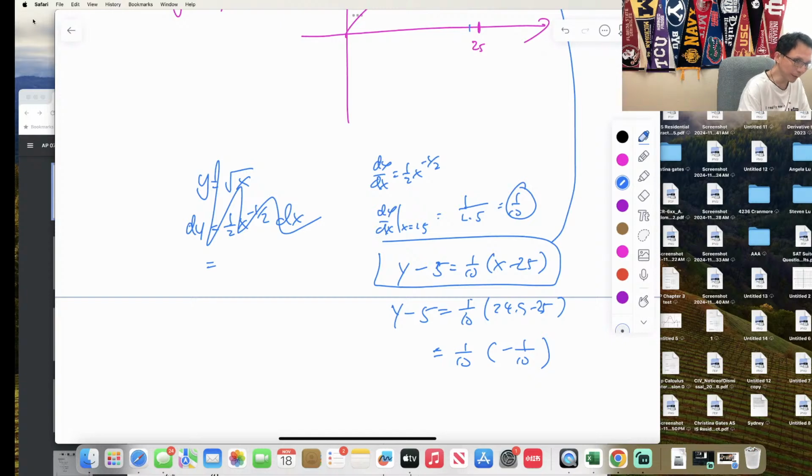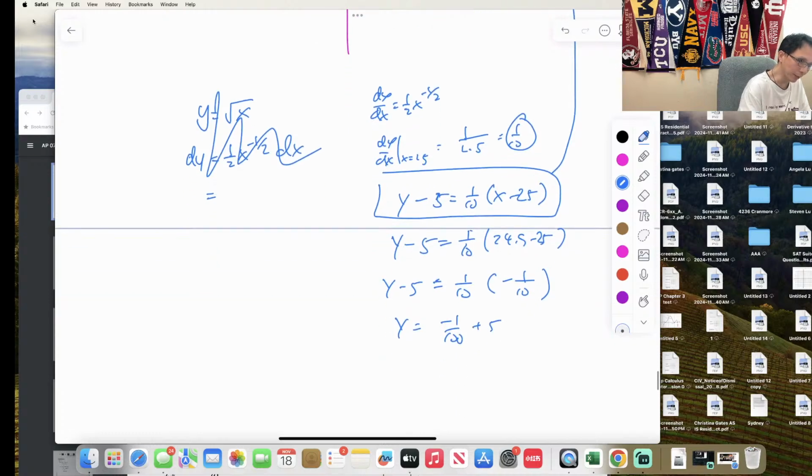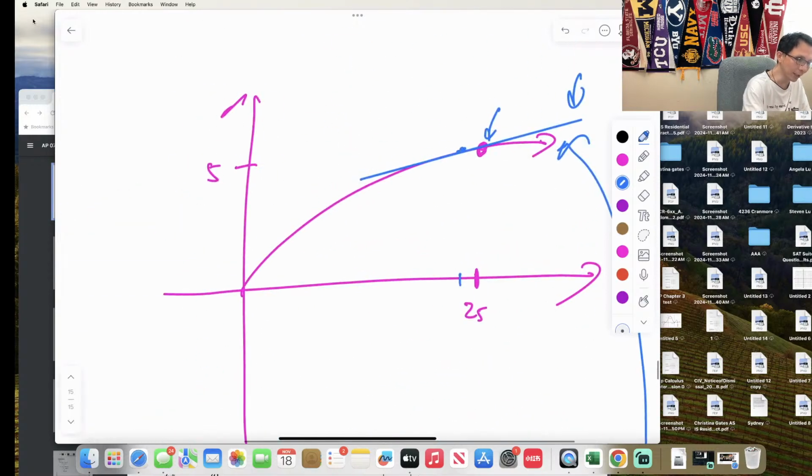Is that okay? So y minus 5 is negative 1/100, so y is equal to negative 1/100 plus 5. So it's going to be 4.99, right? 4.99. So this is the approximation, because we use this line to approximate.